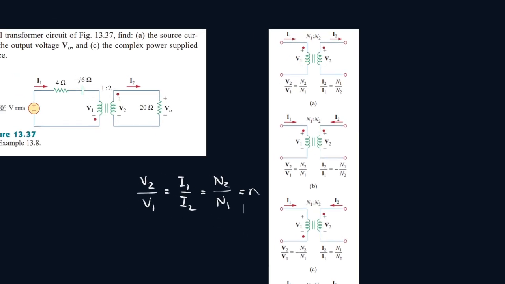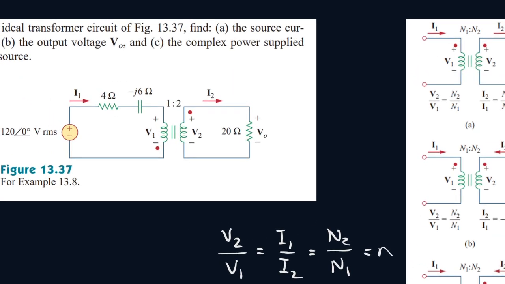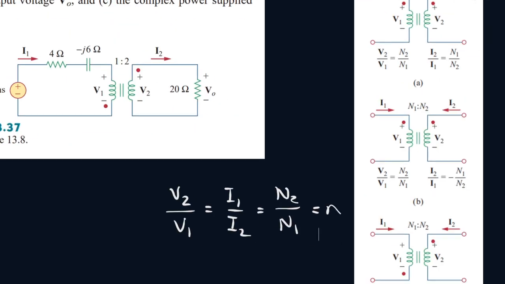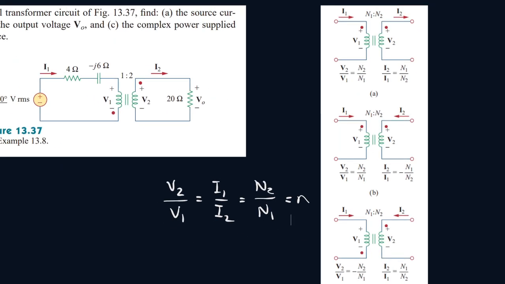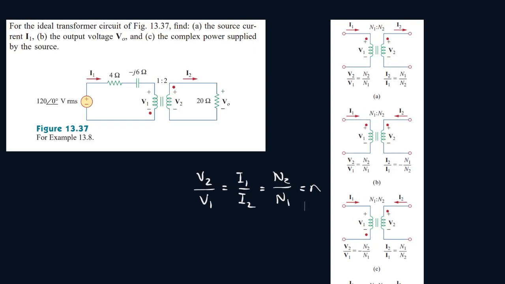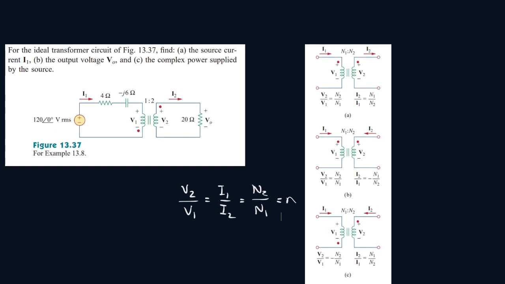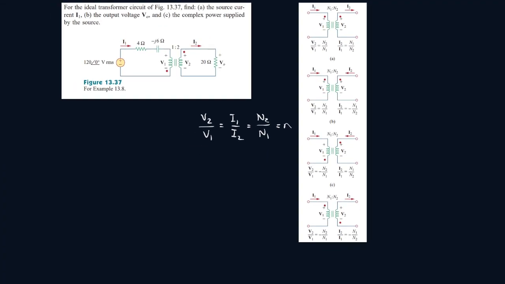Instead of having a mutual inductance value, we have our turns ratio to compensate for that. Depending on the position of the dot and our current directions, our turns ratio may be negative or positive, as you see in this chart here.